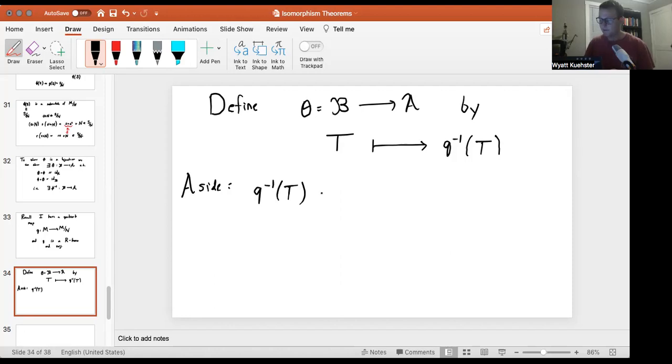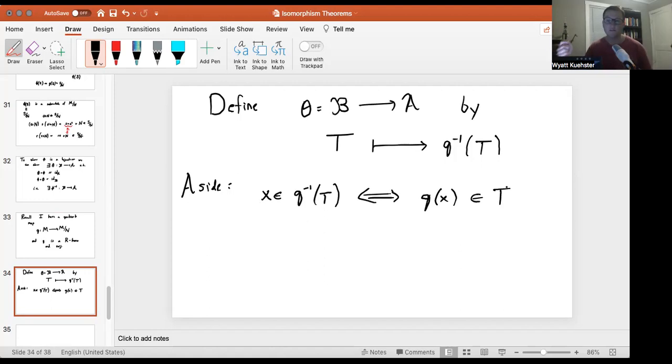Okay, so something is in the pre-image of a map if and only if that thing maps into that set. So the pre-image of a set is all of the things that map into that set under the map.